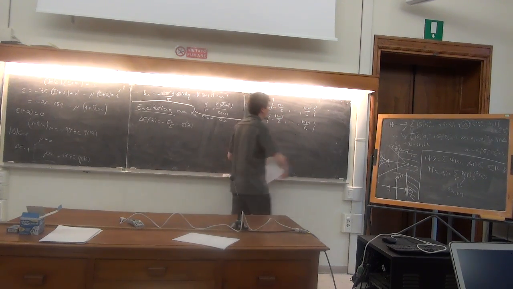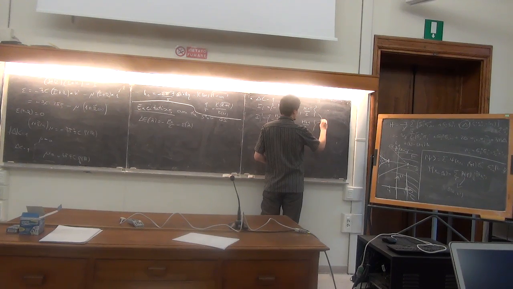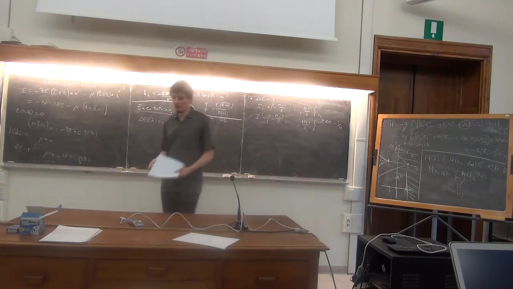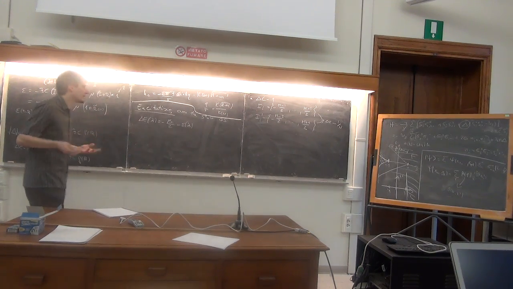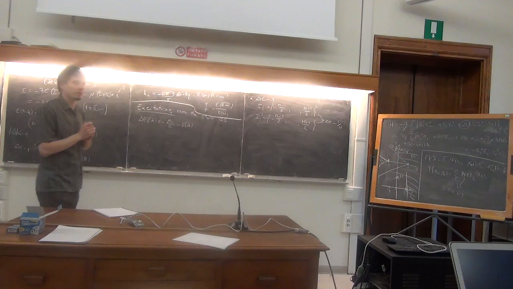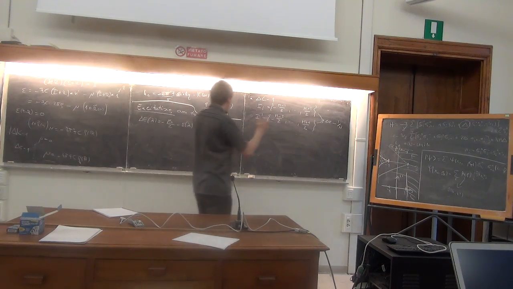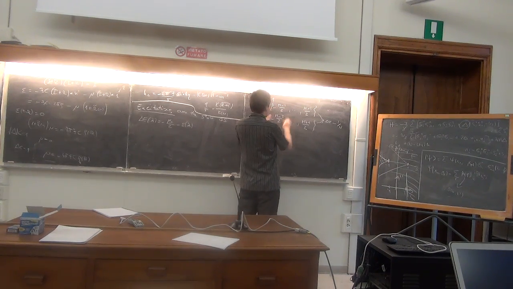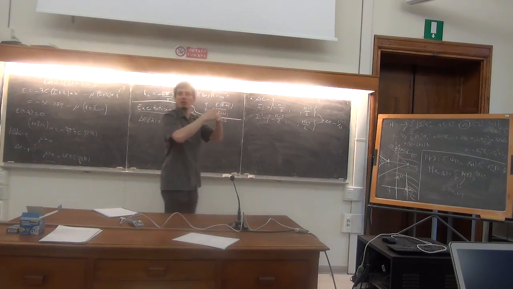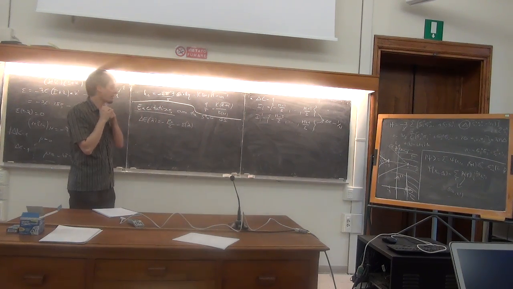So the energy difference between these two goes as 1/n. So in the thermodynamic limit, it looks as if it was doubly degenerate. But in any finite system, these states are very close to each other, but they are not degenerate.